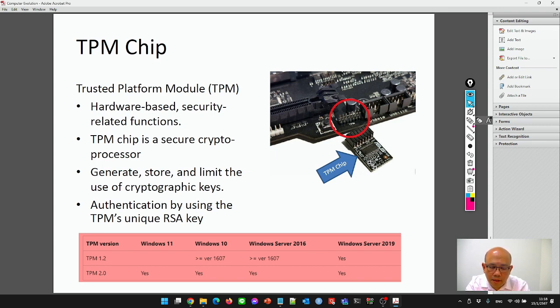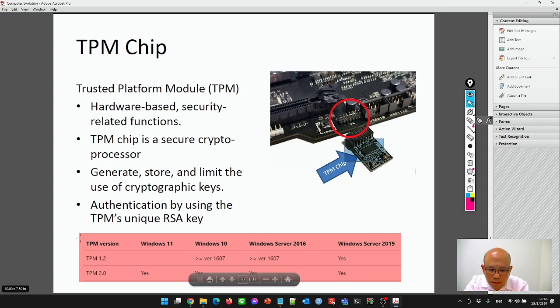TPM is an abbreviation of Trusted Platform Module. This is a module you install into the motherboard. It has a hardware-based encryption processor. This chip generates keys, like a random number generator, for use in encrypting the data.